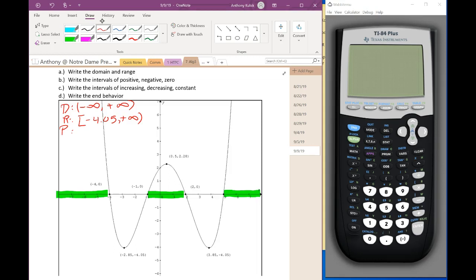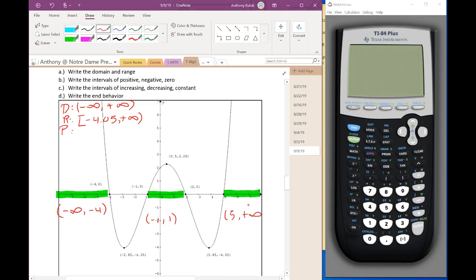Oh no, it would be negative 4 to negative 1, and then 1 to... So this positive part is negative infinity to negative 4. This positive part is negative 1 to positive 1. And this negative part is 5 to positive infinity.